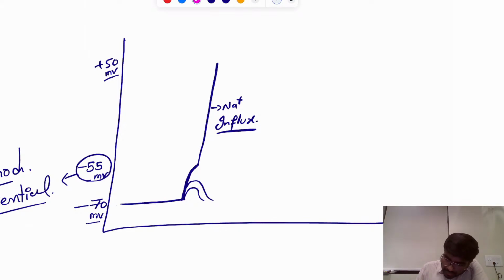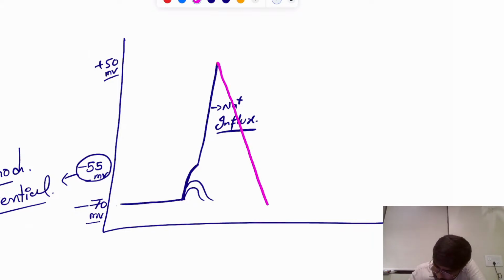So depolarization occurred and completed. After depolarization, what will happen? Once depolarization is completed, now repolarization should occur. So potassium channels are opened. Now potassium will start to go out of the cell. As the potassium is going out of the cell, positive charges are going out of the cell. The cell voltage will come down again.